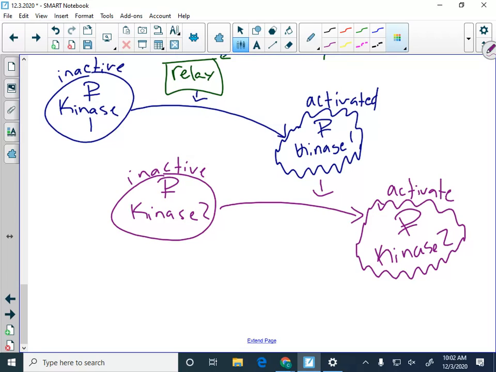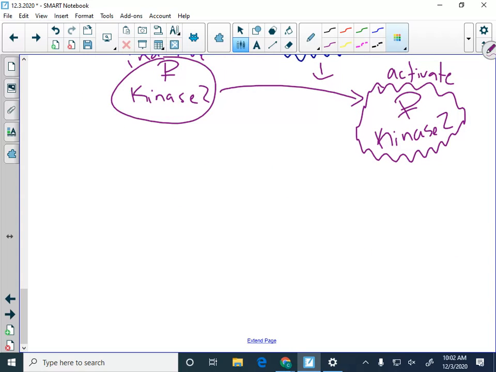Add a phosphate group. This could go on. There could be a protein kinase 3. There could be a protein kinase 4. I think y'all get the gist. Protein kinase 2, we'll say, is the end of it, which will activate a protein and cause a cellular response.